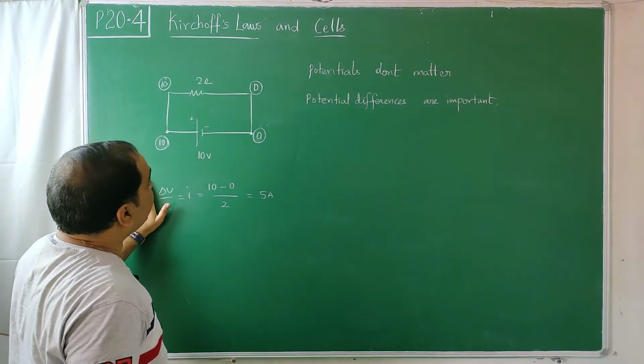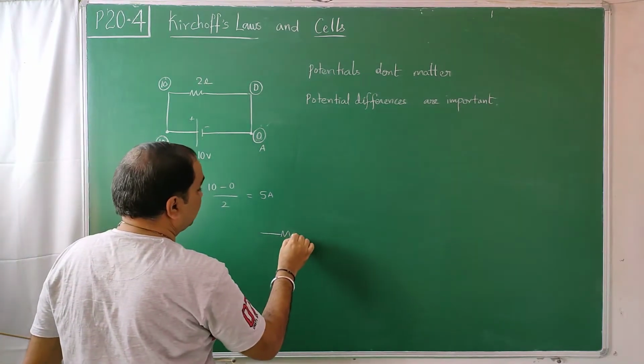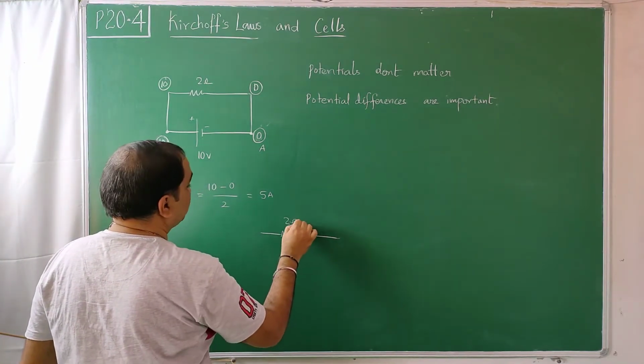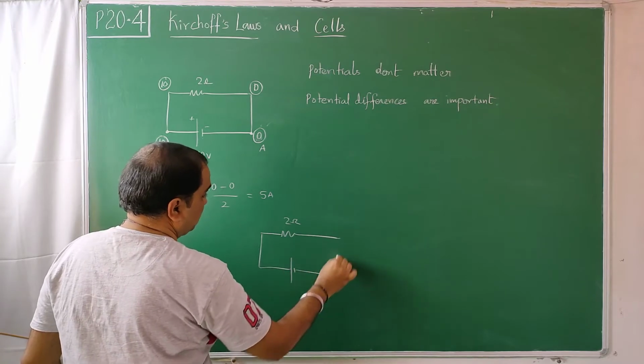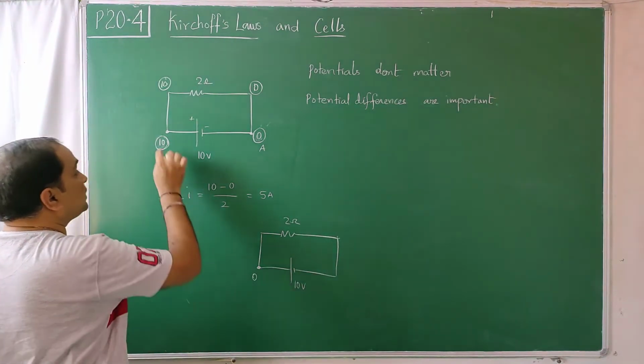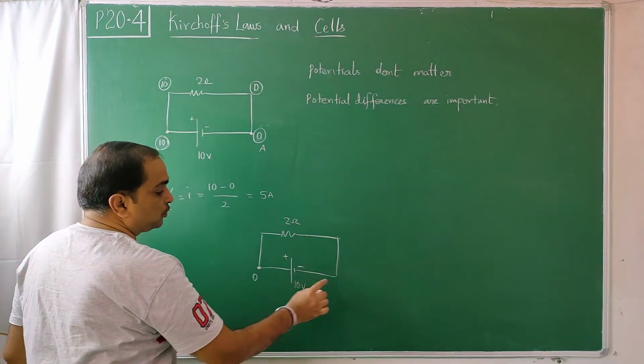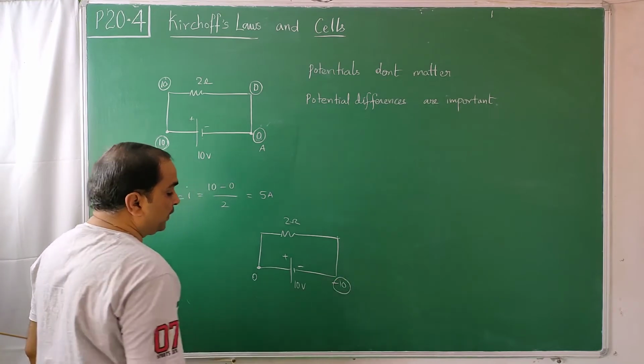Now in this case, A is 0. Now let us repeat the problem with 2 ohms, 10 volts. Let us take this point to be 0, which previously we took 10. Plus 2 minus, there is a drop. So this should be at minus 10 volts according to our convention.